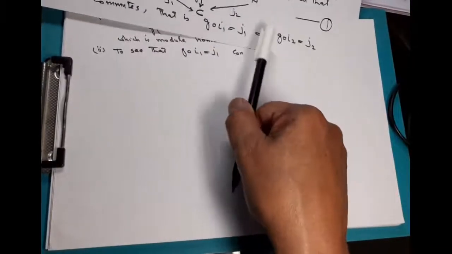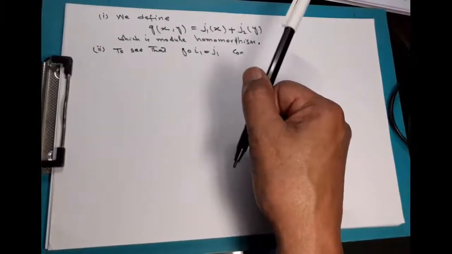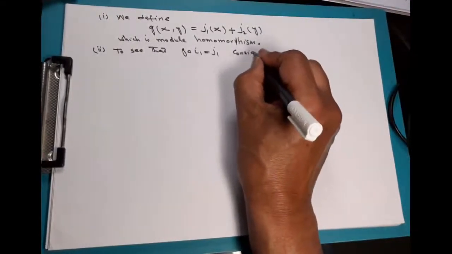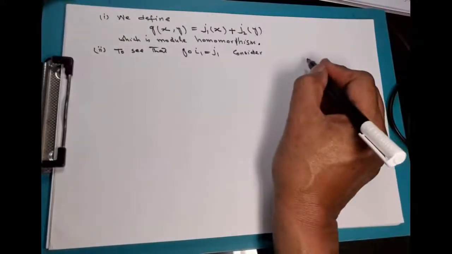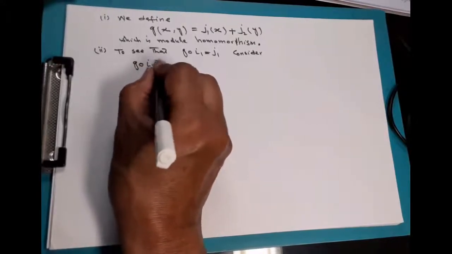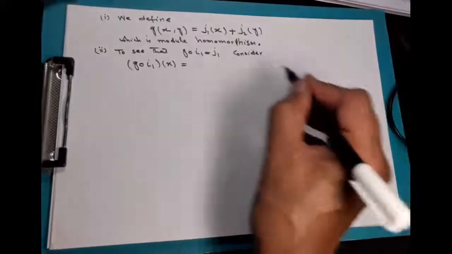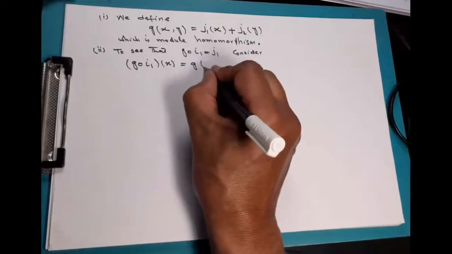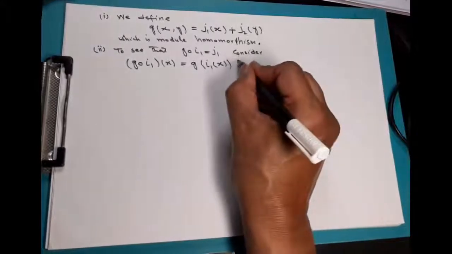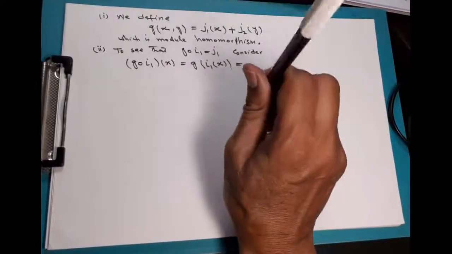Similarly, we have to prove the other as well. So, to see that G circle I1 is equal to J1, we consider the effect of G circle I1 on X, and this is equal to the effect of G on I1X. This is how we define composition, and this is equal to, now let me show you how we defined I1.